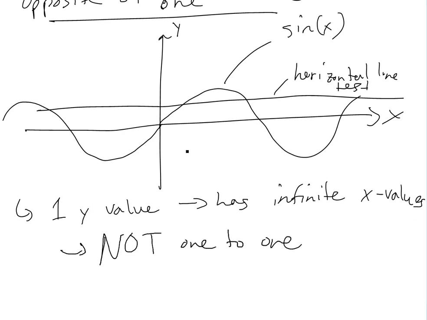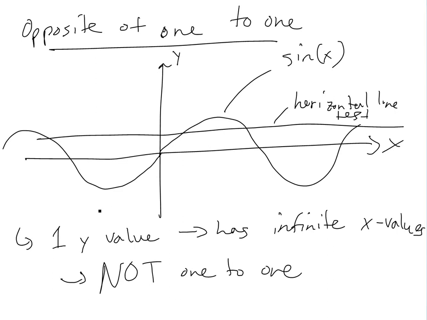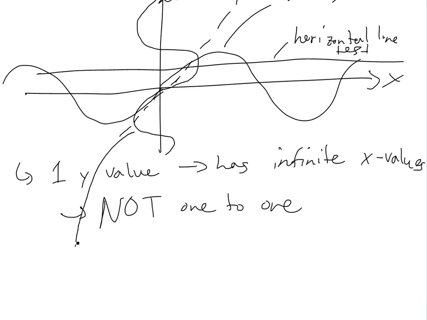If we were to graph the inverse, we know it's a reflection off the y equals x line, so we draw the y equals x line. If we reflect it off that, it would look something like this. I would draw it by itself to be a bit neater.